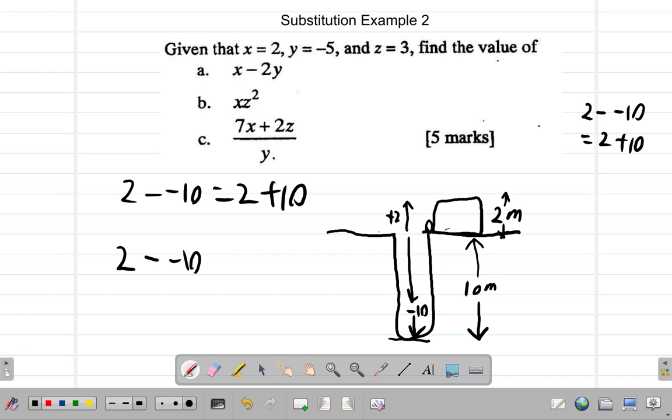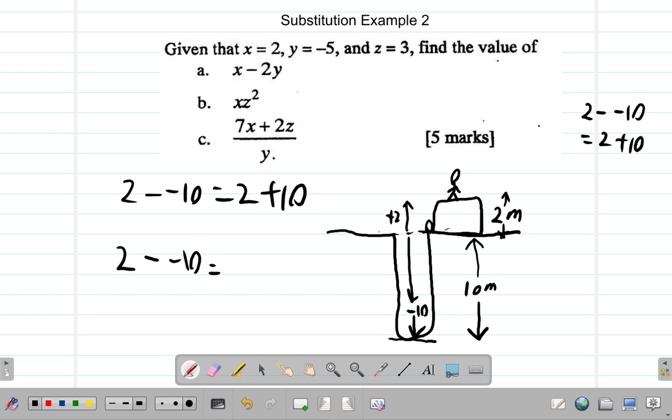What it is saying is that if you were standing on the bottom of the pit and you climb up a ladder to ground level, you would have climbed 10 meters up, but you need to reach the top of this concrete pad. So after the 10 meters up to ground level, you need to climb 2 more meters up.